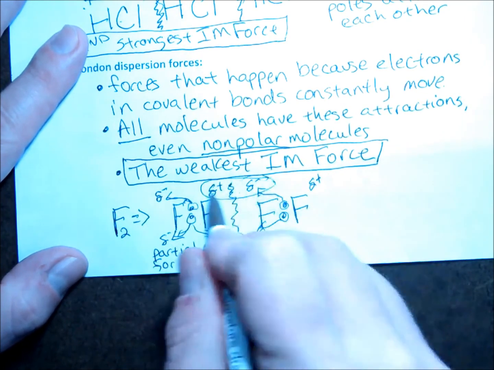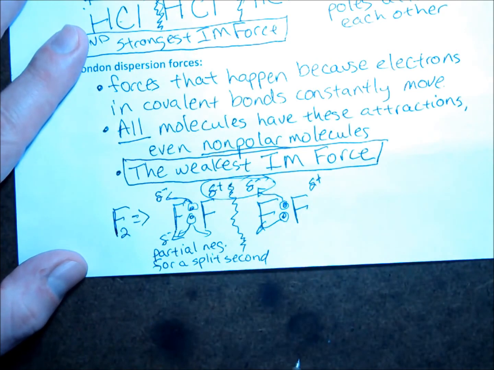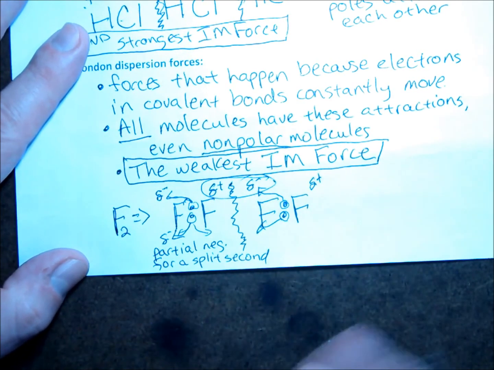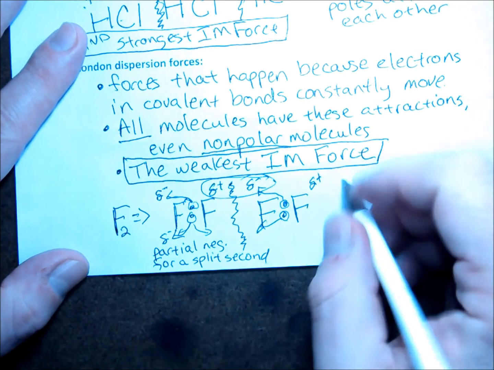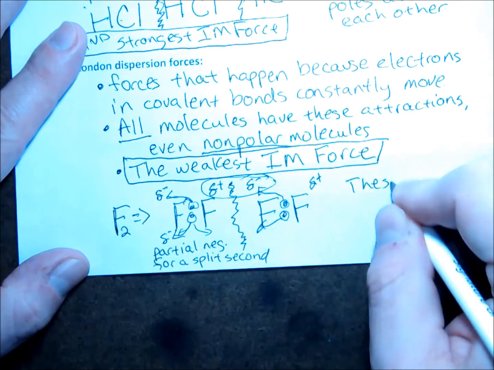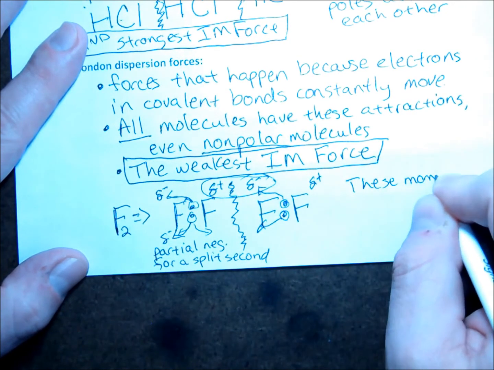And so what you end up having, okay, is an attraction right here between your partial positive and partial negative. Okay, doesn't happen long, but it happens long enough for these molecules to stick together.